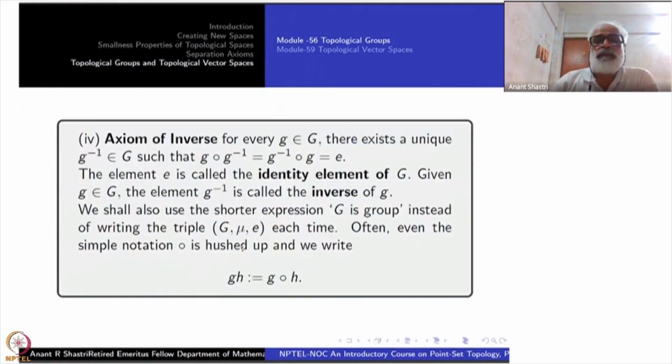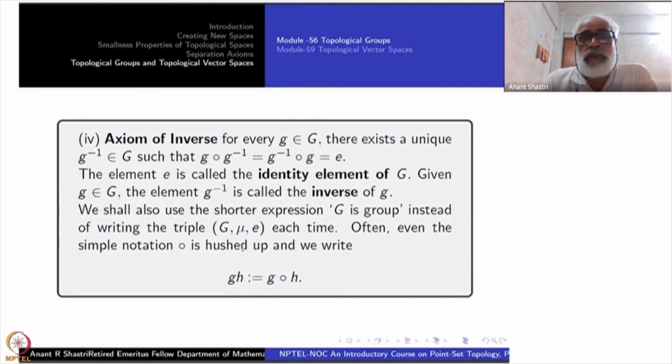The third axiom is that for every G in G, there exists a unique element G inverse, G to the minus 1, we read it as G inverse, such that what is the property? G composite G inverse equals G inverse composite G, which is the identity.